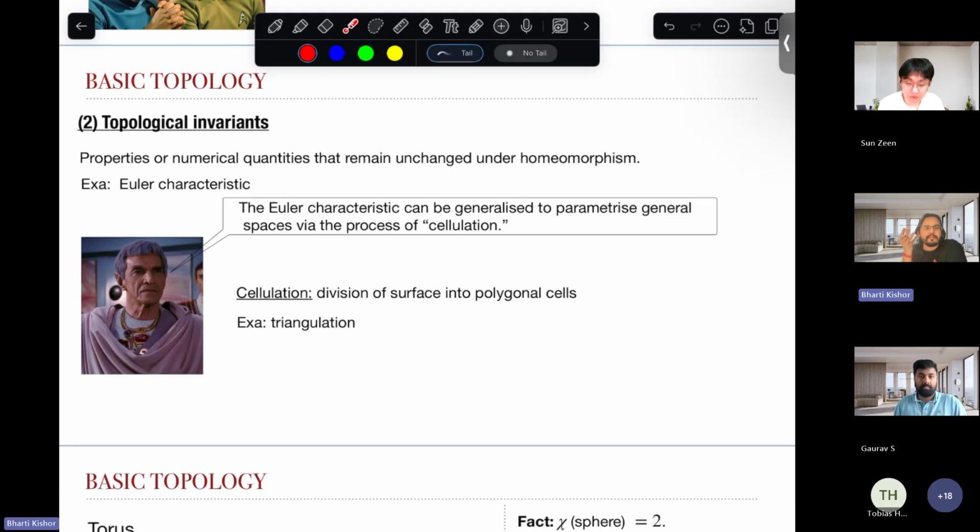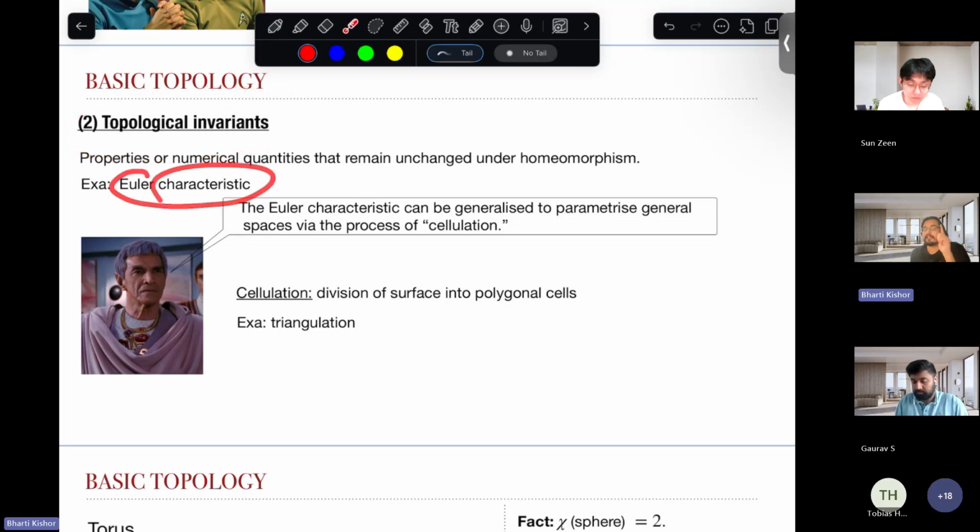One can ask that question, because that will help you tell which objects can be put together in the same family. The properties or numerical quantities that remain unchanged under homeomorphism are called topological invariants.